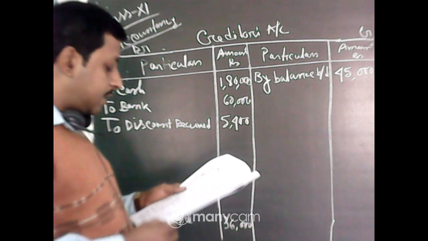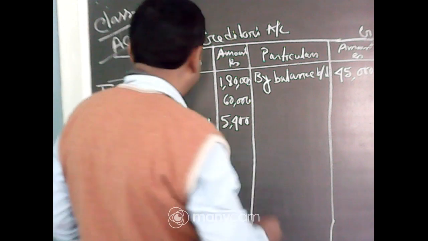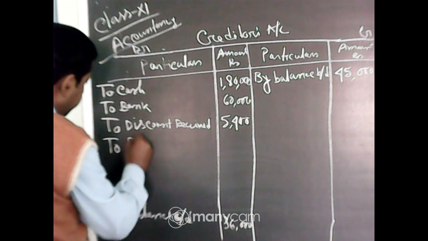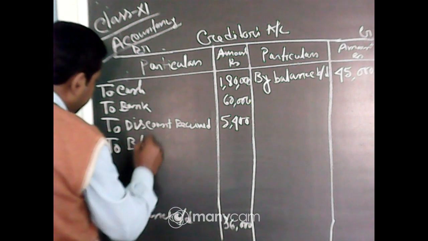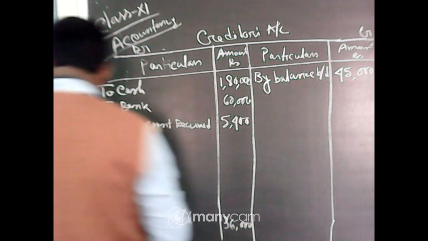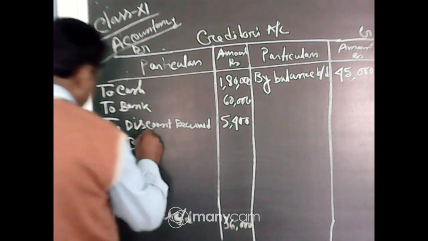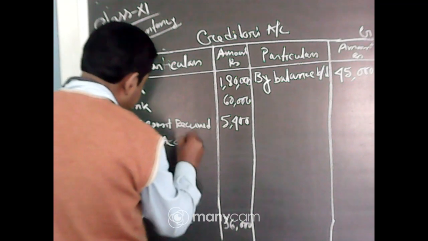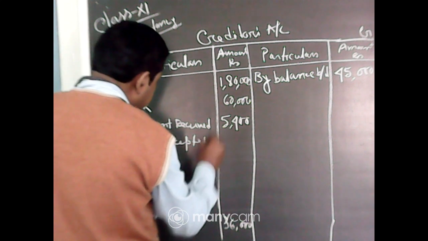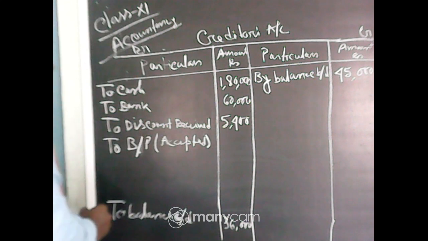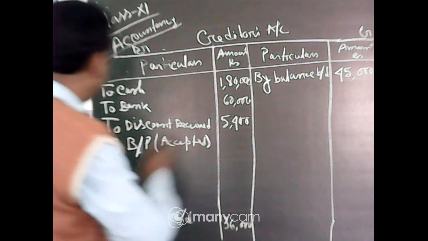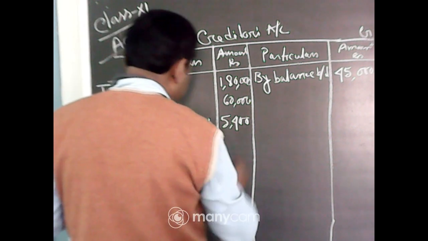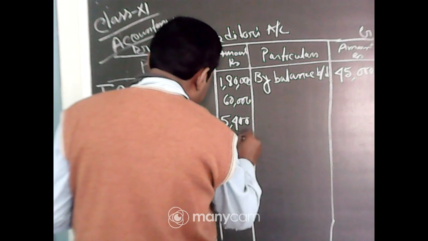So creditors account debit to bills payable. Bills payable is our liability. We can write in short BP accepted. So we deduct the balance of creditors, that is creditors account debit to bills payable. What is the amount? 12,750.